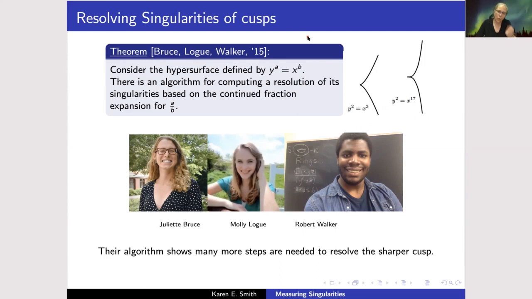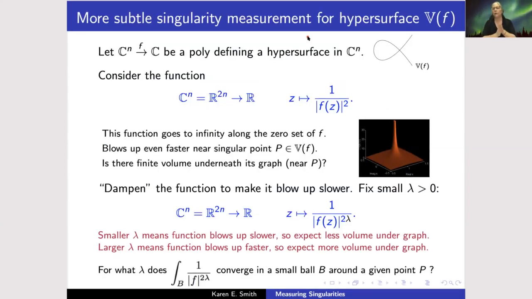So since the order of vanishing is not the best of invariants for singularities, it's just one, we want to introduce something more refined. I'm going to introduce a more subtle invariant, or measurement, of a singularity or a point on a hypersurface. For this, we're going to use a little bit of analysis. We're going to consider our polynomial f, which is defining a hypersurface.